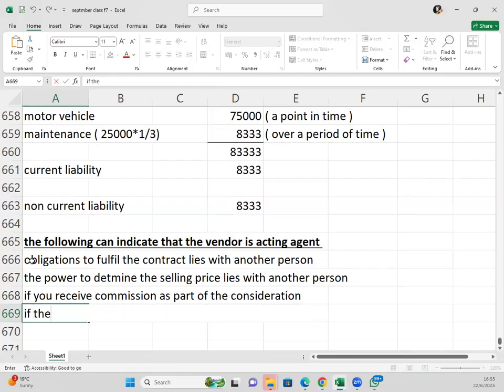Lastly, if the risk of bad debts and inventory deterioration or just inventory are transferred to another person.